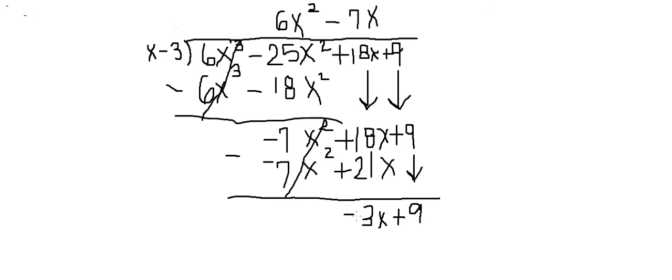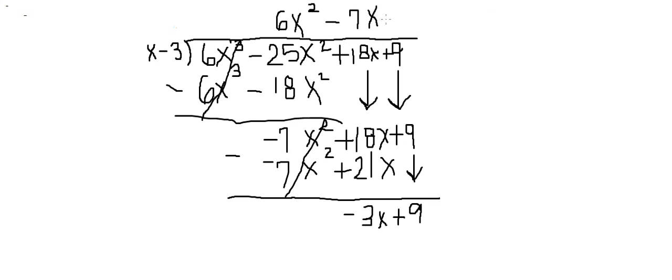And now you're left with a negative 3x plus 9. Now, you would have to find a number that multiplied times x gives you negative 3x, and obviously that's negative 3.